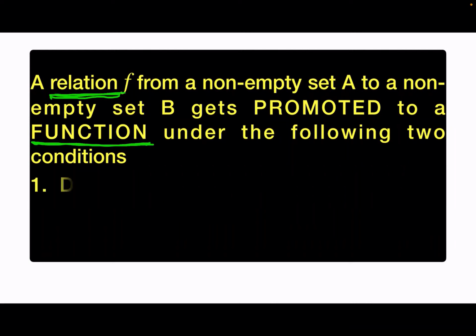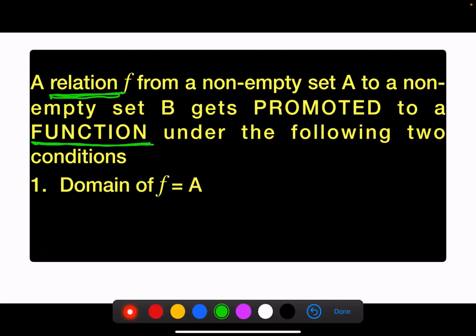So what are the conditions? Number one, because we are using all the elements of set A. Now क्या होगा? In the earlier examples, your domain need not be your source set A, but if your relation is a function, your domain must be your source set.